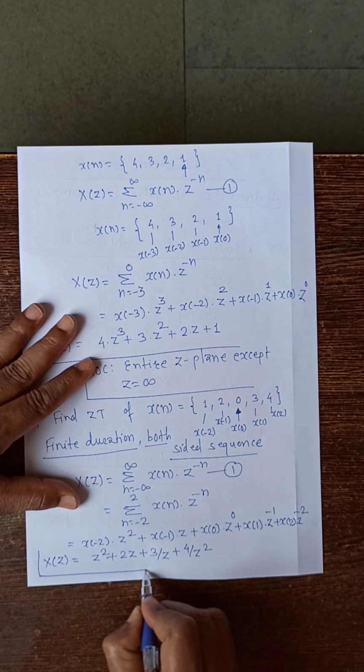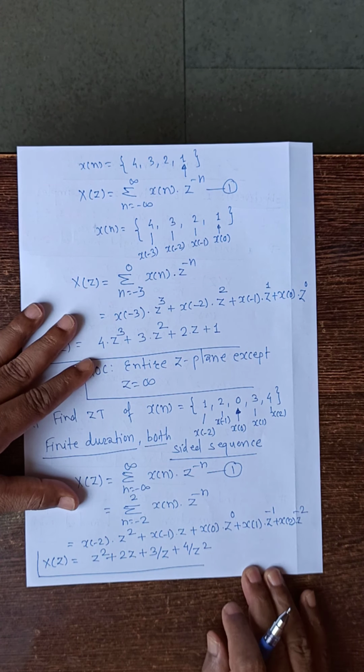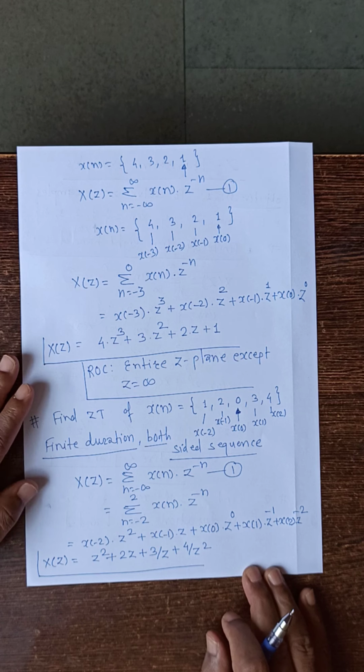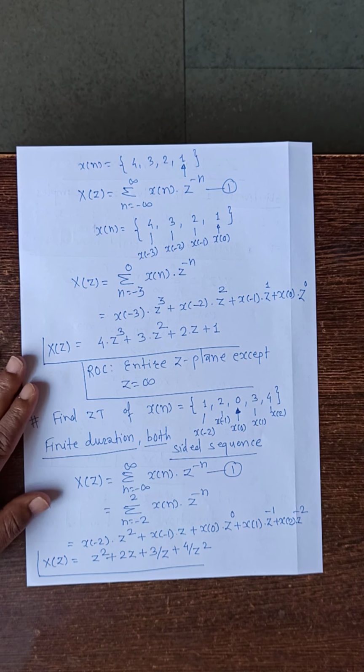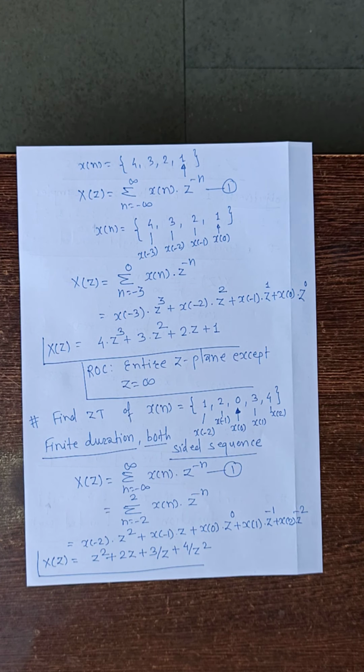So this is the Z transform of a both-sided finite duration sequence, right?